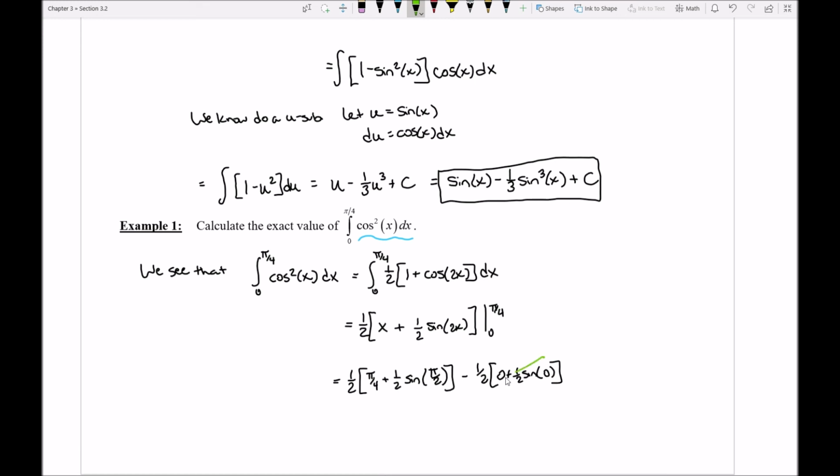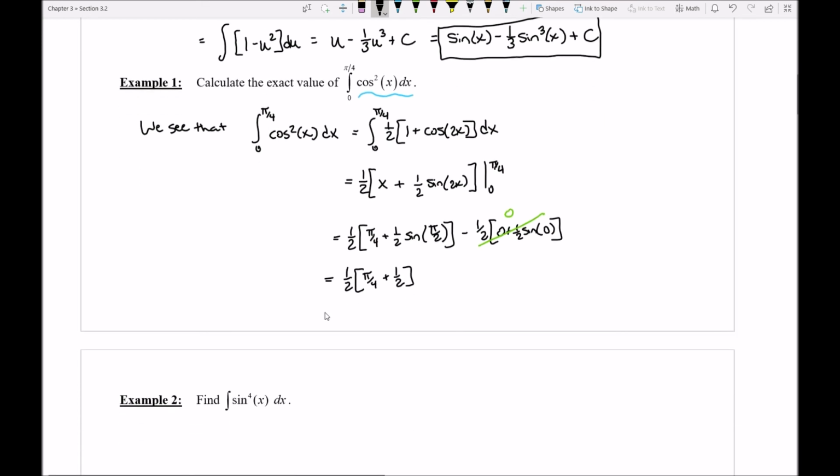Sine of 0 is 0, and so all of this is just nothing. Now sine of pi over 2, that's a 1, so really this is just 1/2 times the quantity pi over 4 plus a half. And so I can go ahead and if I wanted to, I could distribute that 1/2 that I have out front and make that pi over 8 plus a quarter. And I have a final answer.